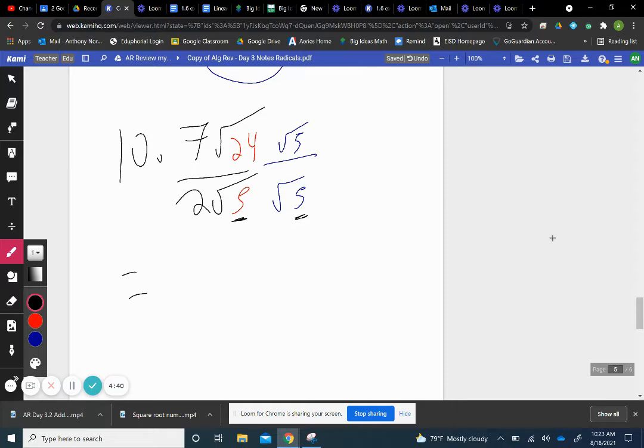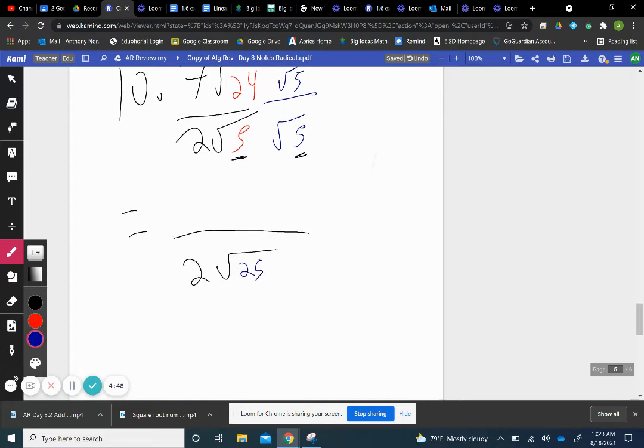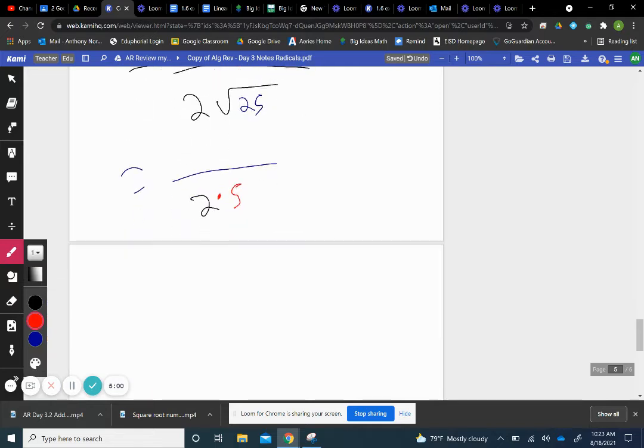So this gives us, on bottom, 2 square roots of 25. We know that the square root of 25 is 5. So this gives us 2 times 5. You can, of course, use the factor tree method if you do not instantly see that.